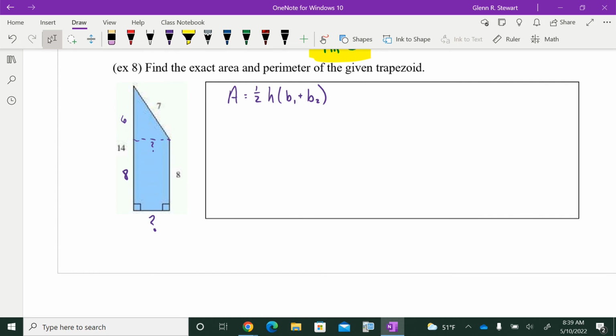How do I find the missing side of a triangle? Good. A squared plus B squared equals C squared. So let's do 6 squared plus B squared equals 7 squared.